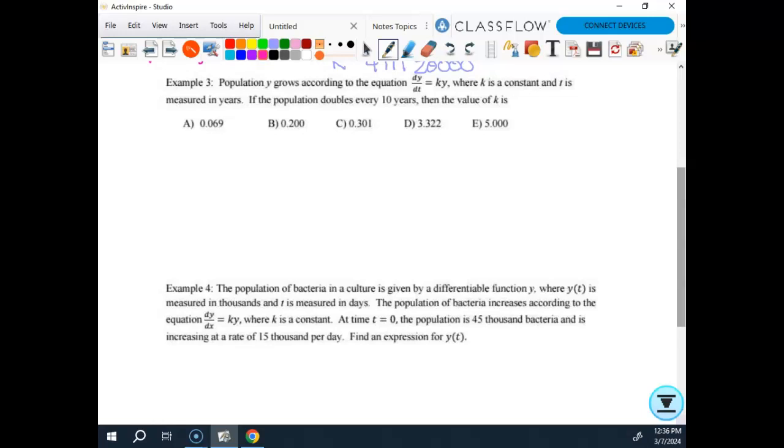So just find K. You're not going to be able to match it up unless you're some sort of savant that can do natural logs in your head. Very confused.